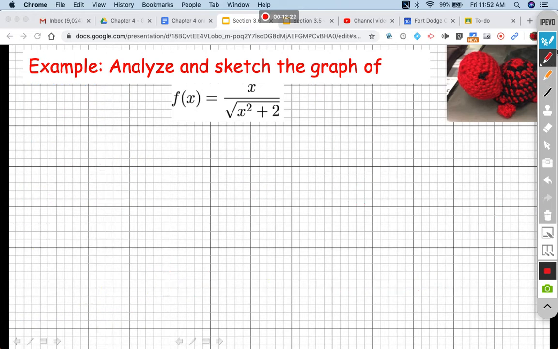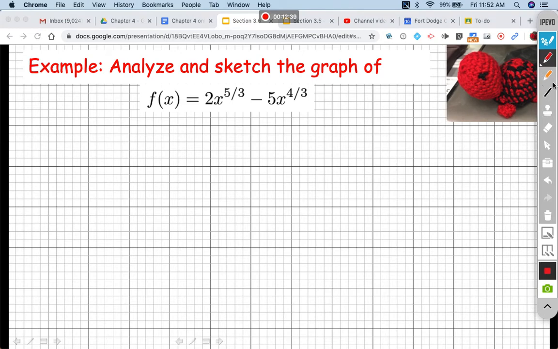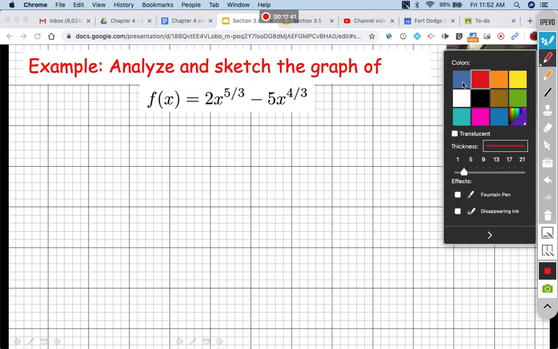So again, if you haven't tried this one already, give it a try right now. Because this is a polynomial.